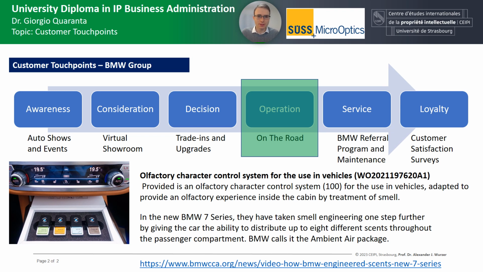It is also possible to mix them and create your own specific scent in the car. I found this a very good example, because it shows that the way of communicating is not only visual or tactile. Even with a car, it can include olfactory items. Here we see a nice example of how BMW has thought about it and has secured exclusivity around this idea.